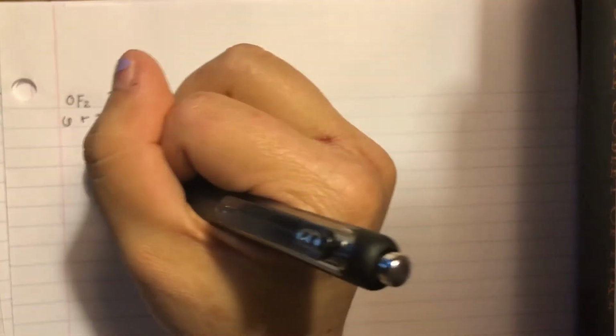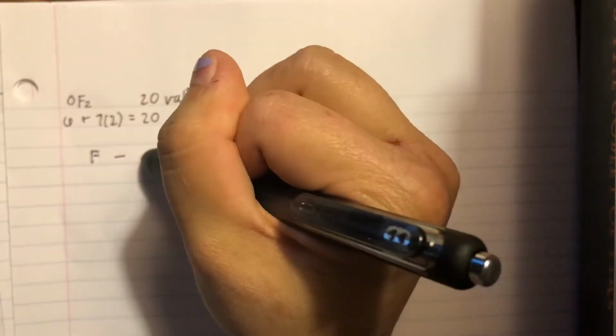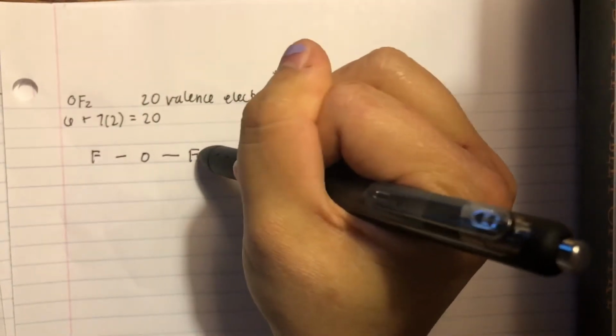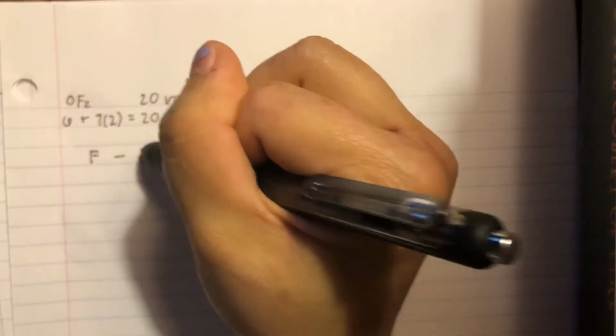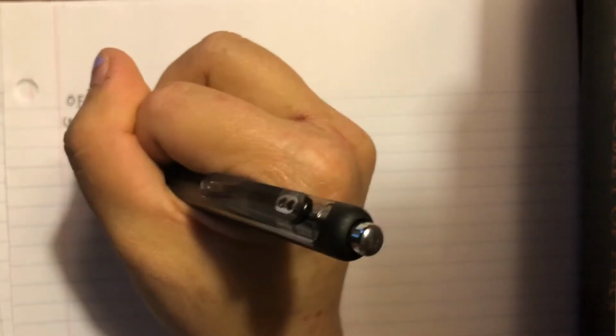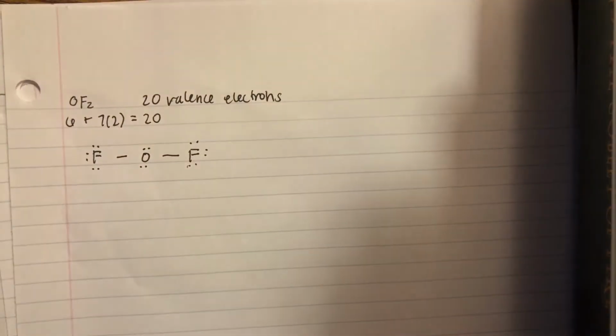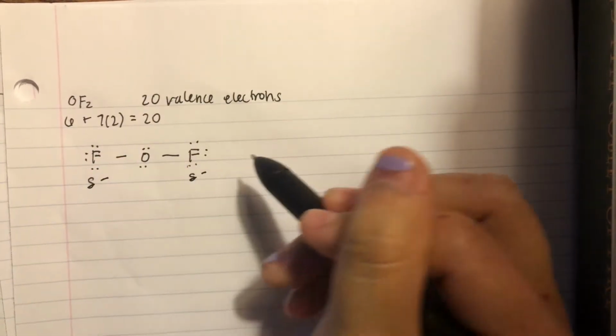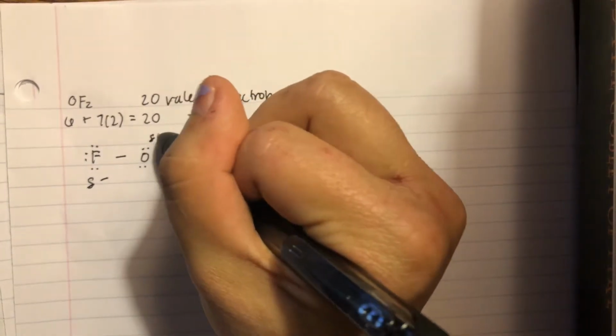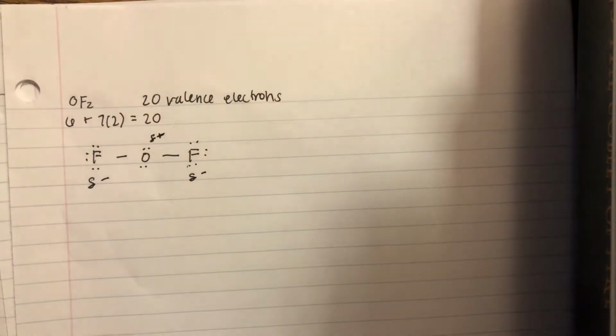And then we're going to draw the Lewis structure. And so here we have partial negative charges on the fluorine atoms on the outside and a partial positive charge on the oxygen atom on the inside.